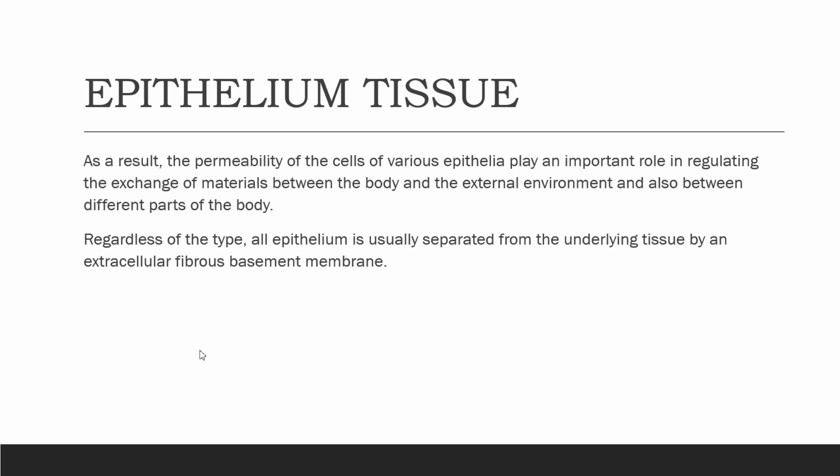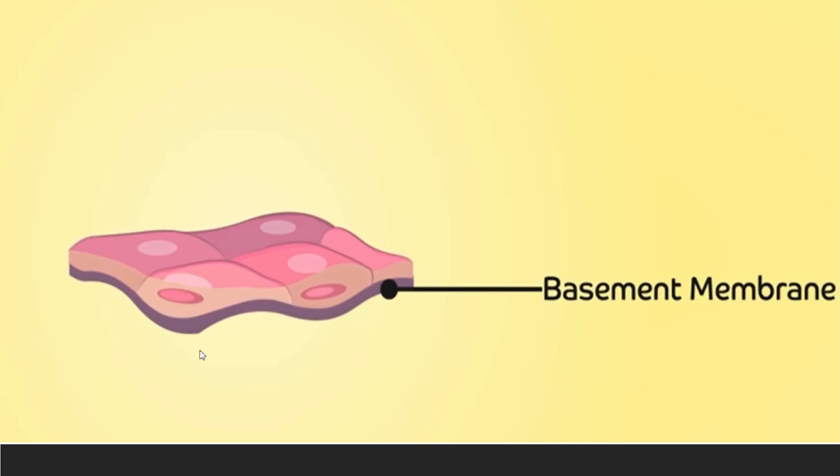Now, when we talk about all the epithelial cells in general, we need to first understand a common characteristic between them. That is the basement membrane. Be it any type of epithelia, all of them will always have the cells resting on a thin, fibrous, supportive membrane-like structure, and this is called the basement membrane.